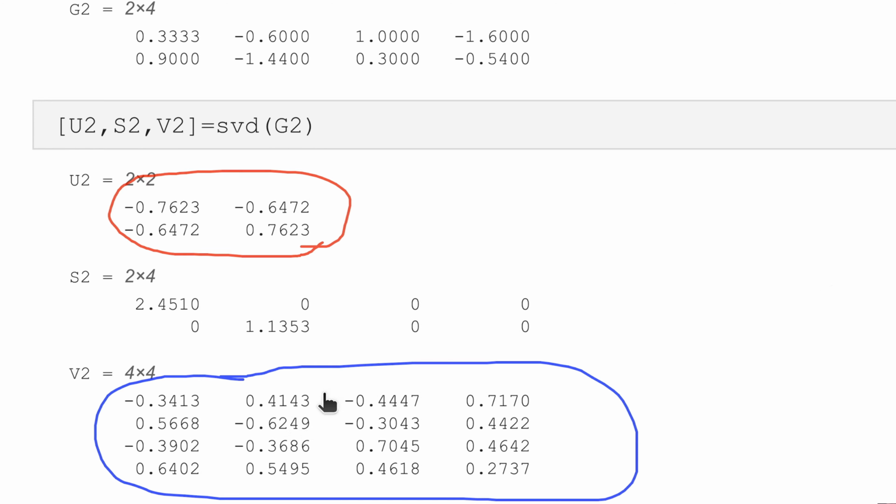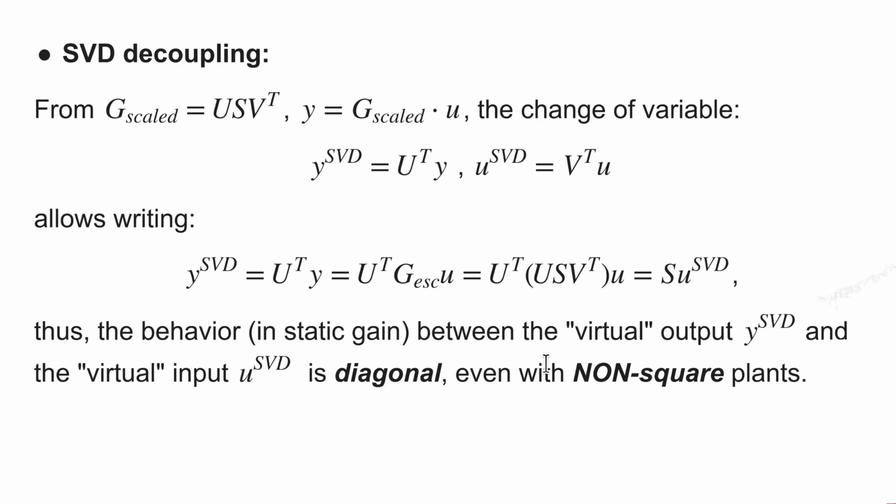But as these ones are in the null space, in fact what we call the economy size decomposition will consider only these two components in the change of variable to conform USVD. More on that later. The thing is that we get this apparent diagonal behavior, so the implementation of this is as follows.